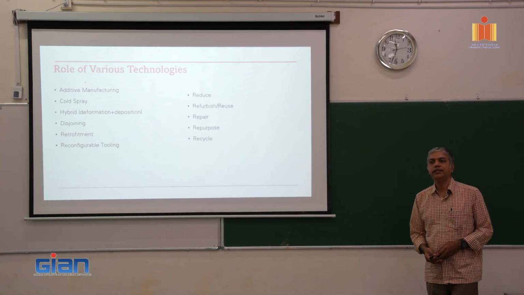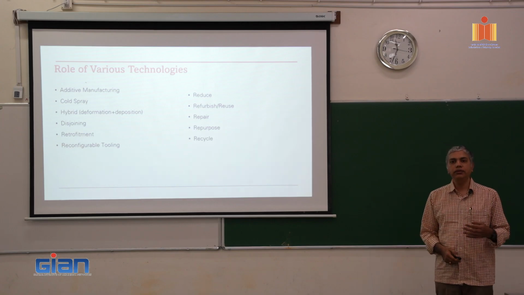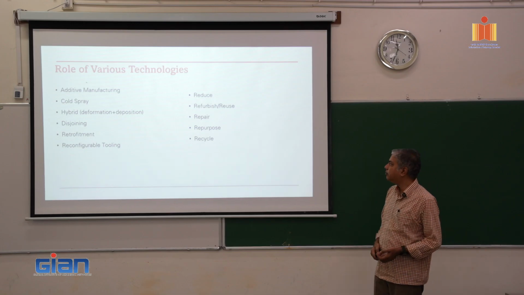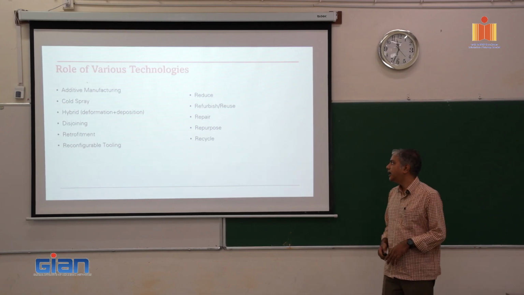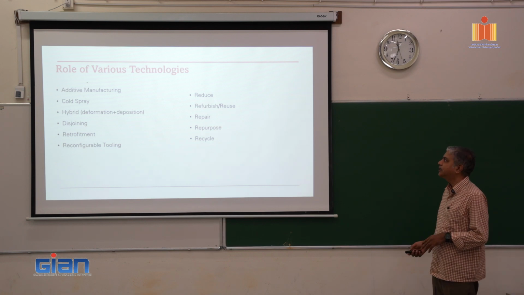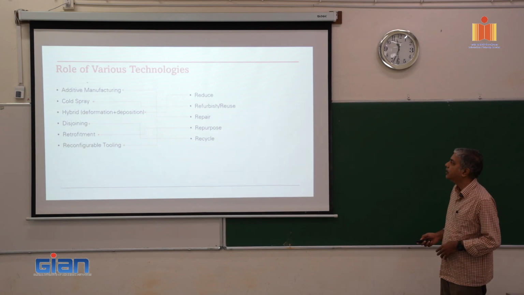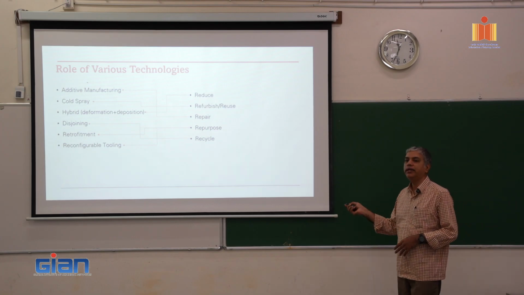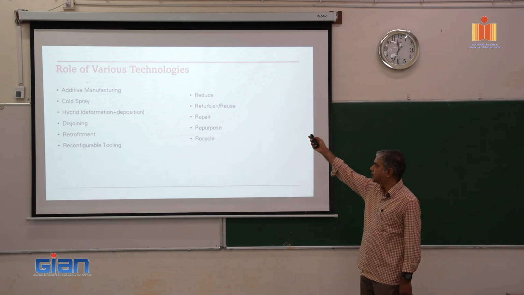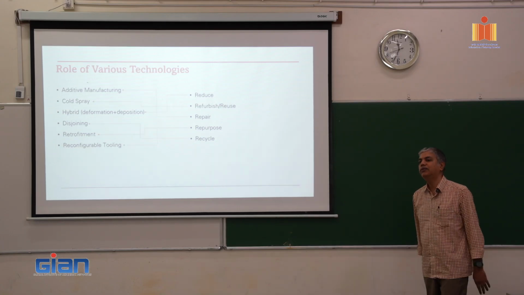Whether it is reducing the material wastage, or to reuse or refurbish the components, repair the components, repurpose and also recycle. So in this session I will be talking about these objectives of circular manufacturing in the context of different technologies. What are the various applications and what are the various technologies which facilitate it.